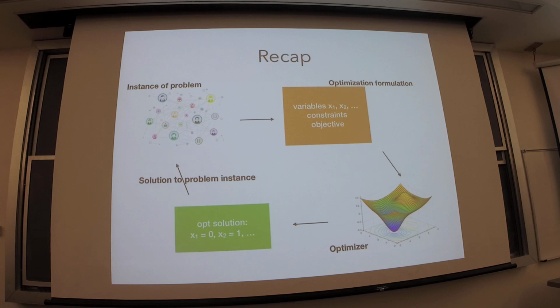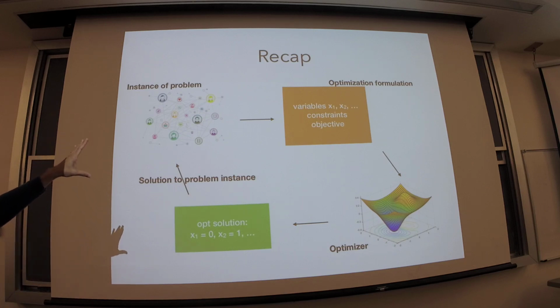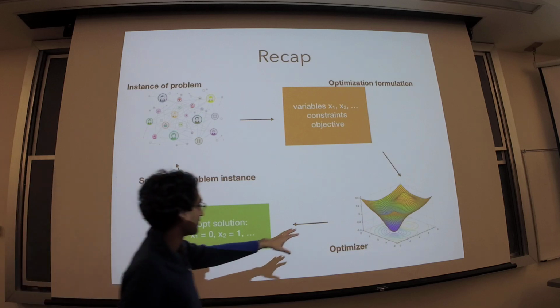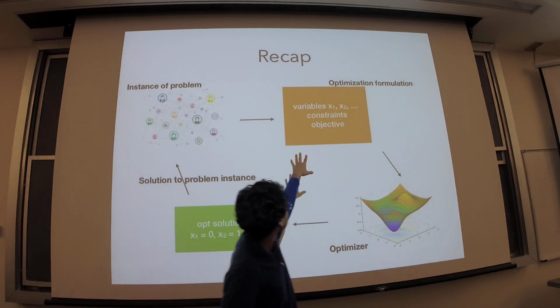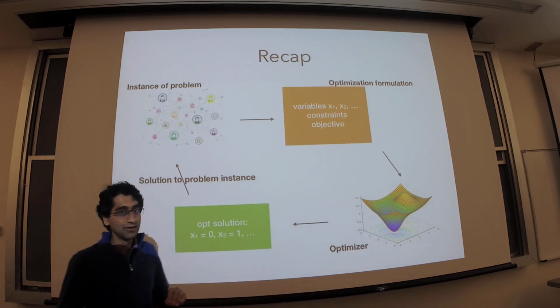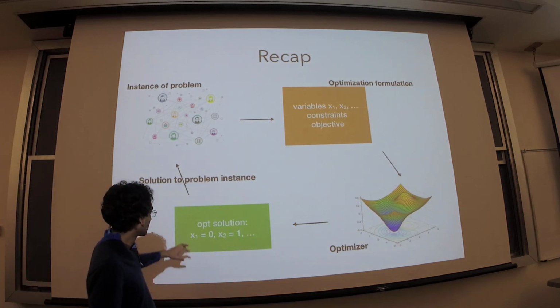You come up with some variables and some constraints, some objective and so on. Then you feed that optimization formulation to a solver, which we've been assuming is a black box that just takes this program and comes up with the optimal solution. We haven't been caring too much about how it does this.